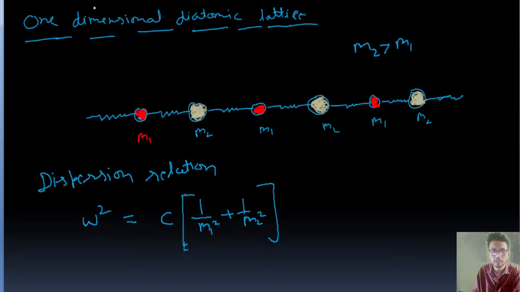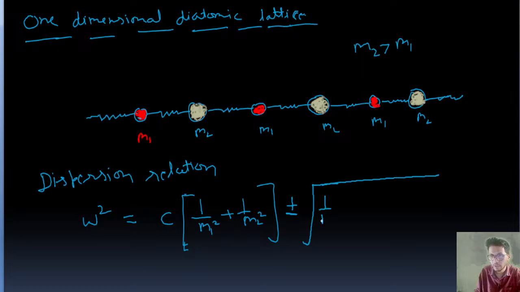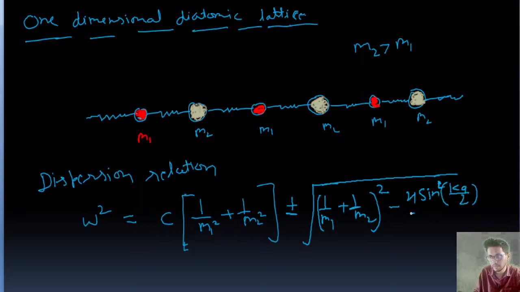So this is the dispersion relation: omega square equal to C into (1 upon m1 plus 1 upon m2) plus minus root of (1 upon m1 plus 1 upon m2) whole square minus 4 sine square Ka by 2 upon m1 m2.